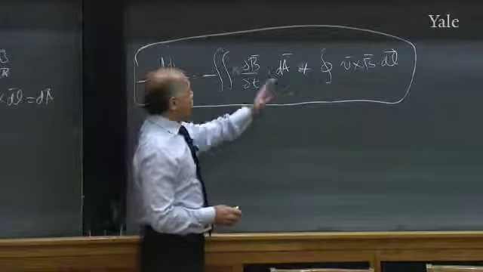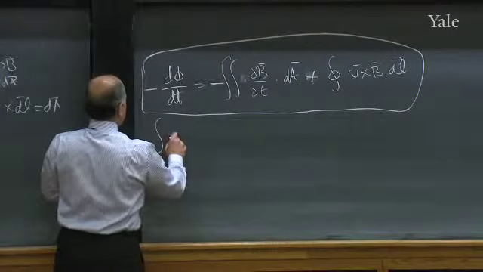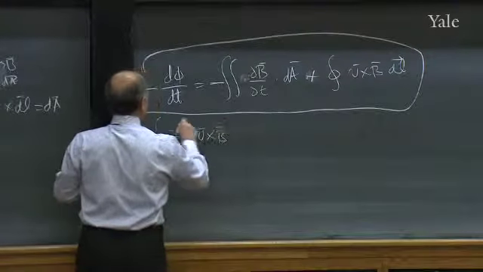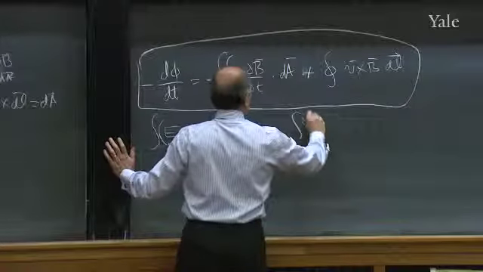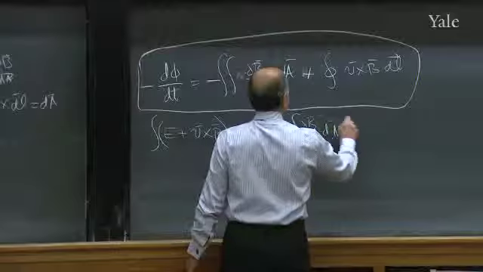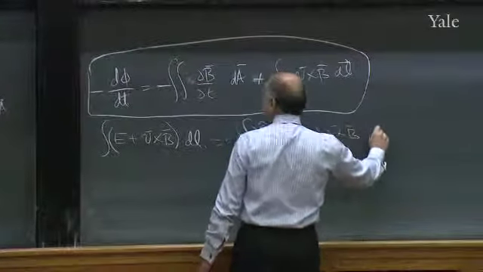And together, they make these two contributions. But EMF is equal to the integral of all the electric forces and the magnetic forces. That's equal to minus ∂B/∂t dA plus integral v cross B dot dl.